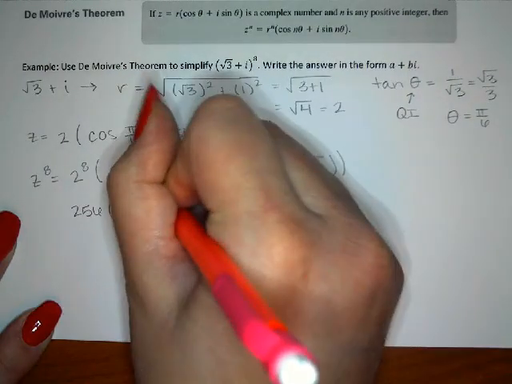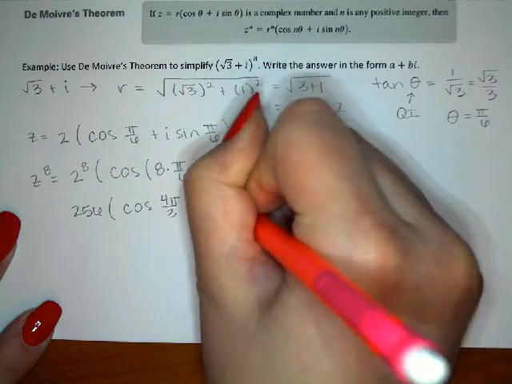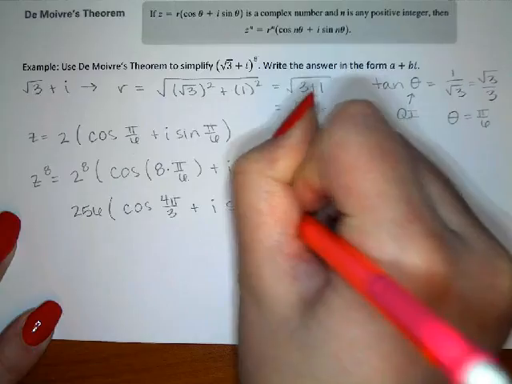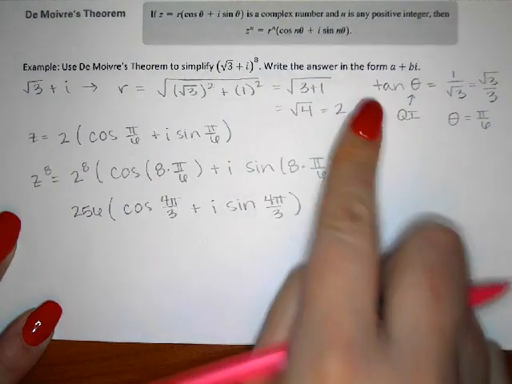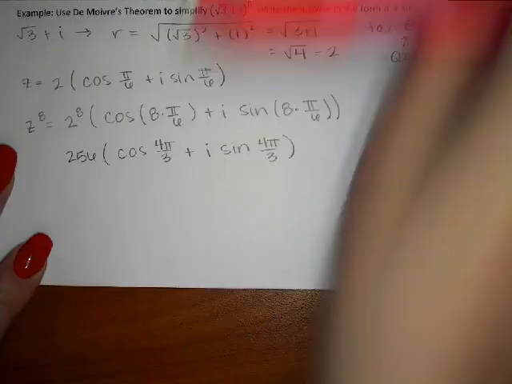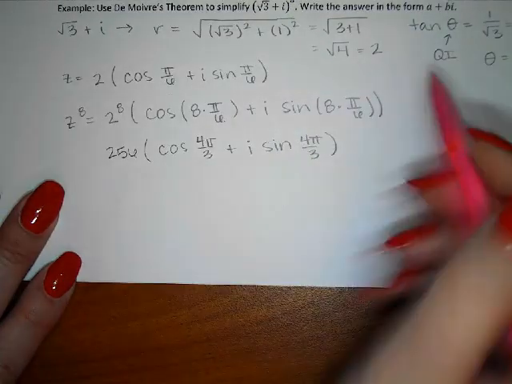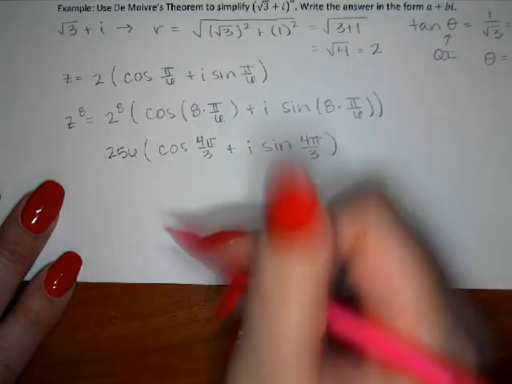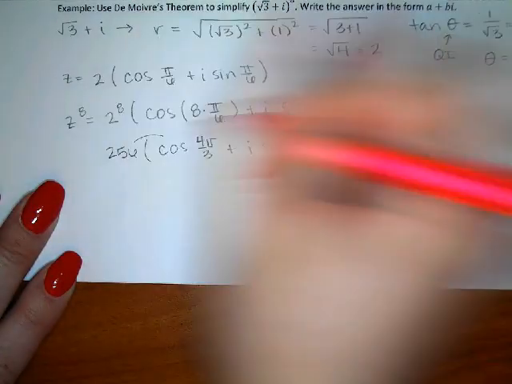So this is 4 pi thirds plus i sine 4 pi thirds, right? And they said to write the answer in the form a plus bi. If they said to write the answer in the trig form, we'd be done, but we need to write it in a plus bi. And so we'll go ahead and distribute the 256 and simplify.